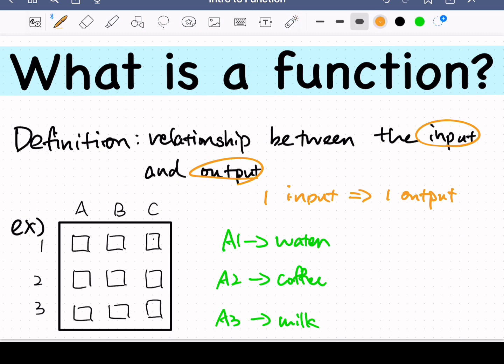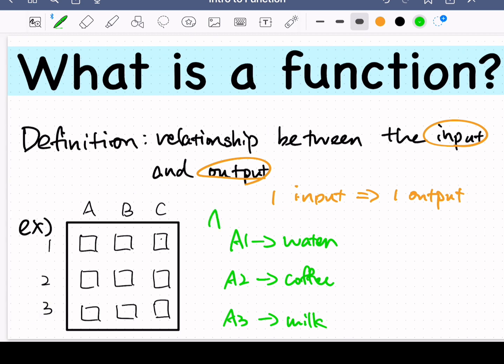So let's say for this vending machine, when you push A1 and B1 and C1, every time you're going to get water. The first row is filled with water. It still works, so this is still a function. It's possible for multiple inputs to correspond to one output, but it's not possible for one input to correspond to multiple outputs. So this is the most fundamental definition of a function.